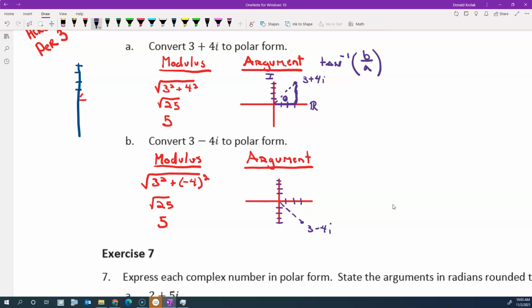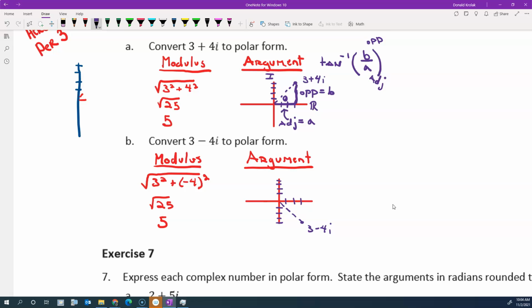And this is the opposite side, which is the imaginary part. And this is the adjacent side, which is the real part. And the inverse tangent is equal to the opposite over the adjacent leg. So that's why it's B over A.